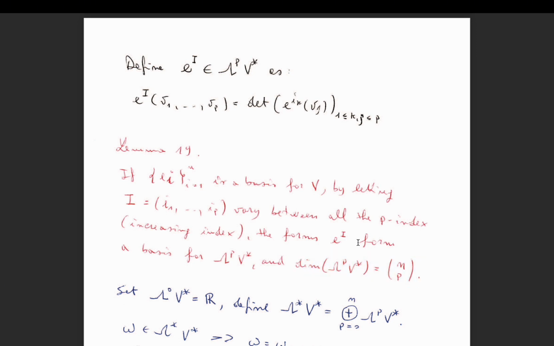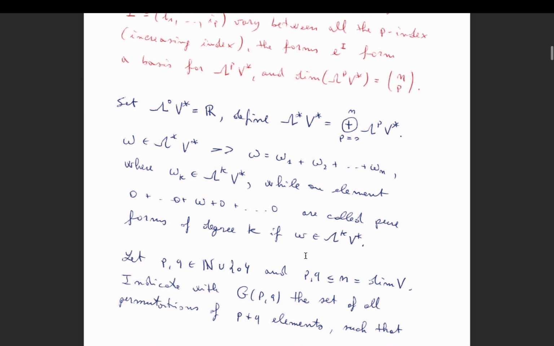Now, setting lambda 0 of V equal to the reals, we can define lambda star of V star equal to the direct sum over p from 0 to n of lambda p of V star. This is the complete set of all forms we can define over the space V. So an element of lambda star of V star can be written as the sum omega 0 plus omega 1 plus omega 2 plus ... plus omega n, where omega k belongs to lambda k of V star.